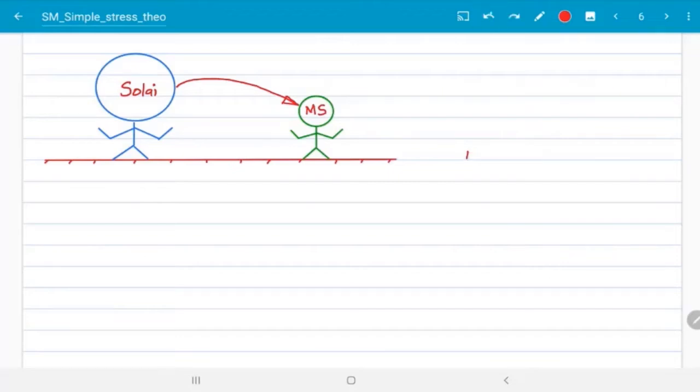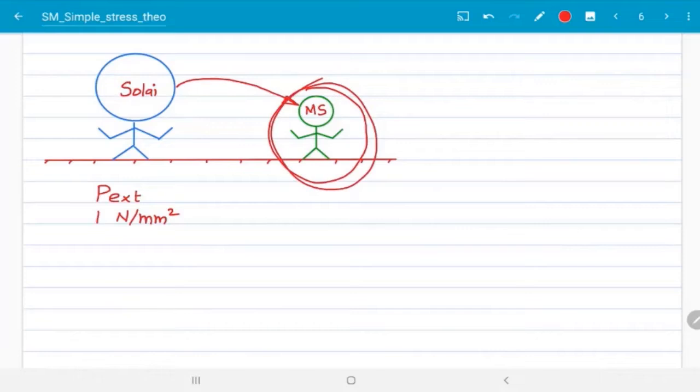In that 1 mm square area, I am going to apply 1 Newton. So the applied load is 1 Newton per mm square.